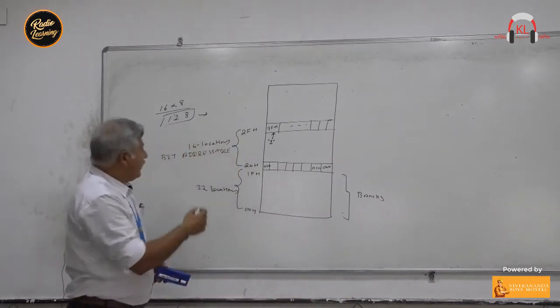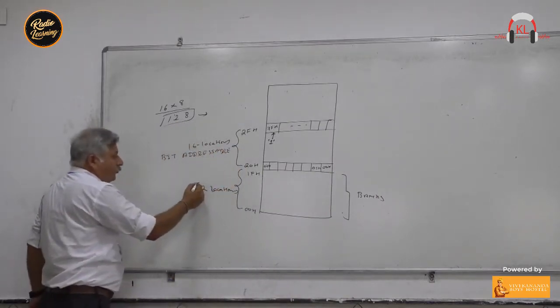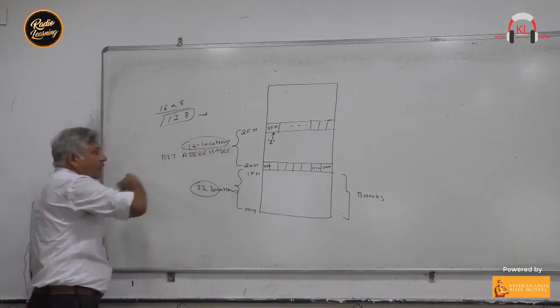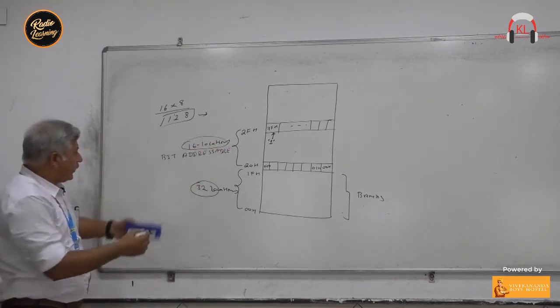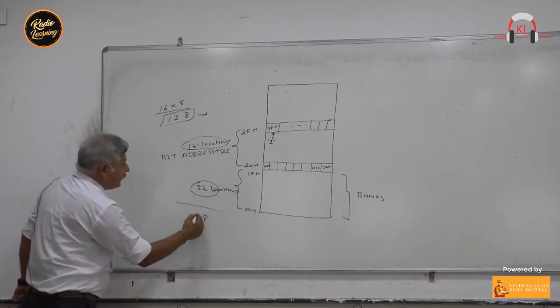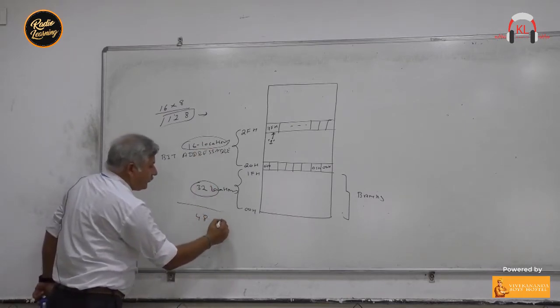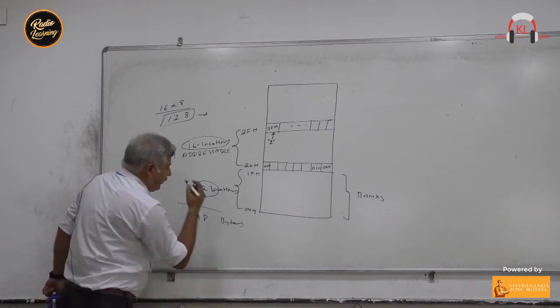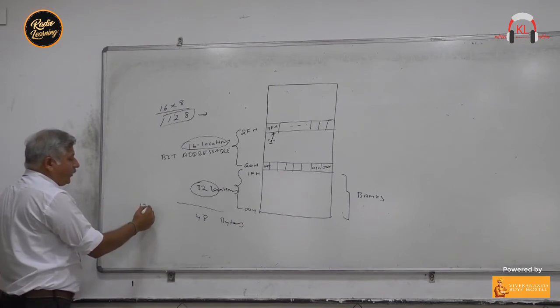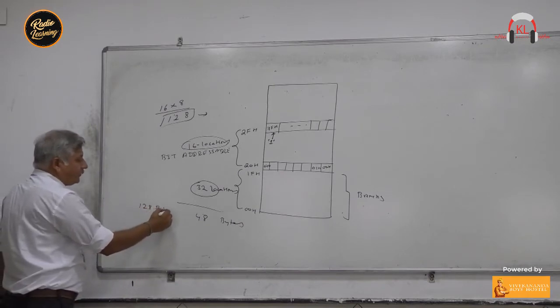So in total, 32 locations are for the banks and 16 locations are for bit addressable memory. So in total how many have we used? It is 32 and 16, 48 bytes. And in total, in the 8051 microcontroller, we have 128 bytes, right?